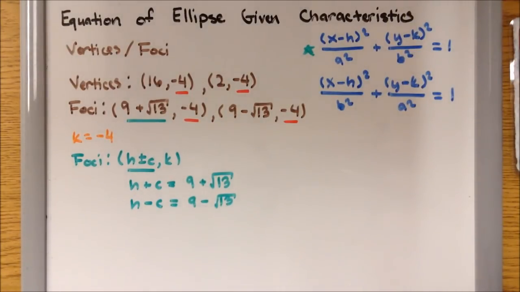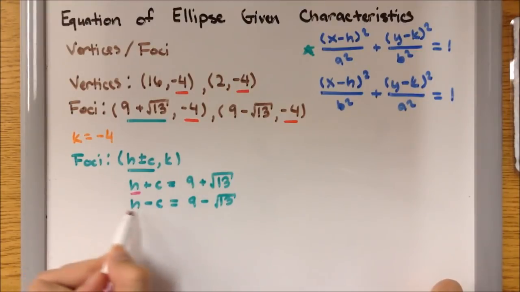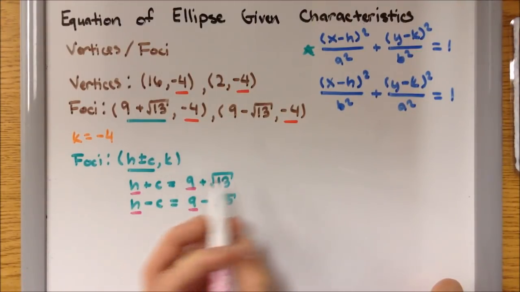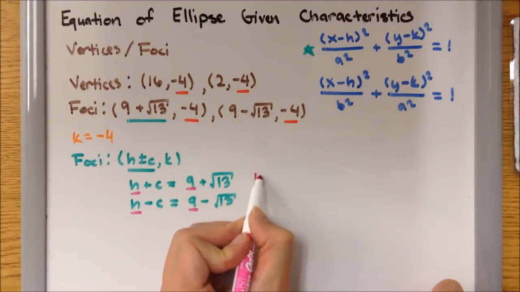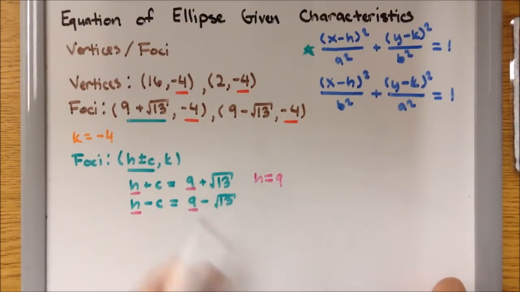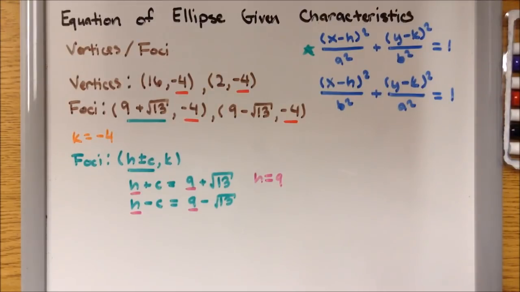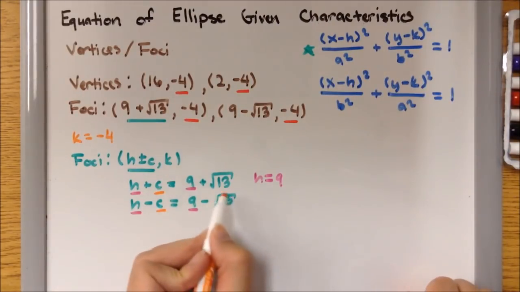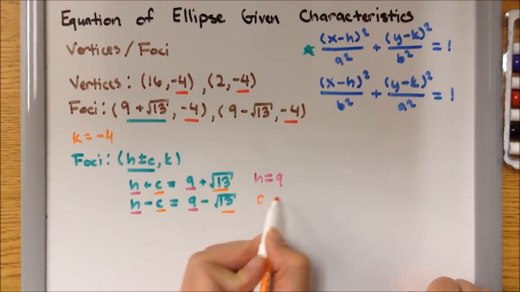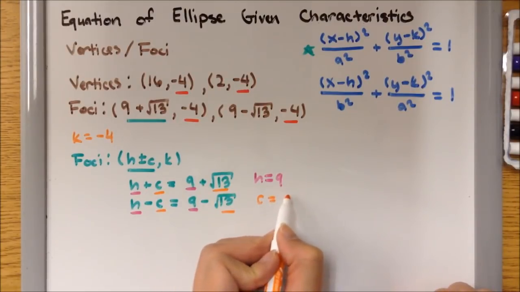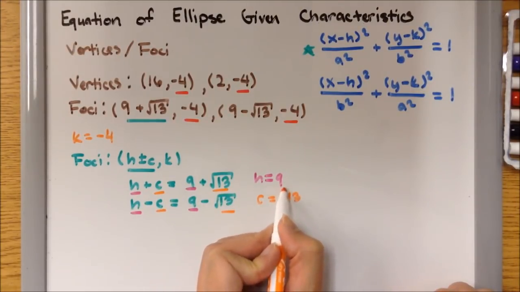So from here, h is 9. And my c is right here, so c is √13.